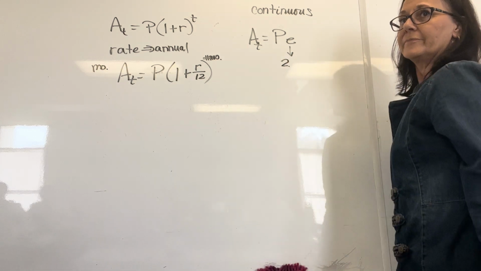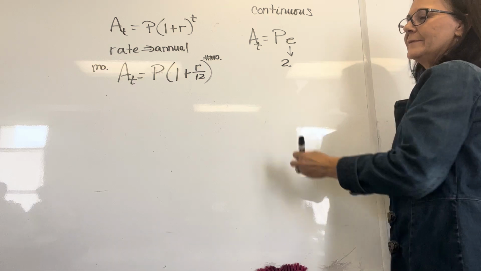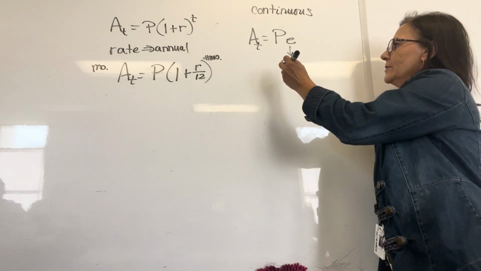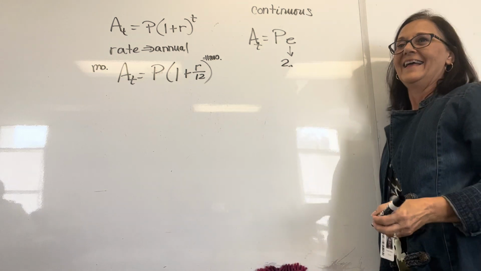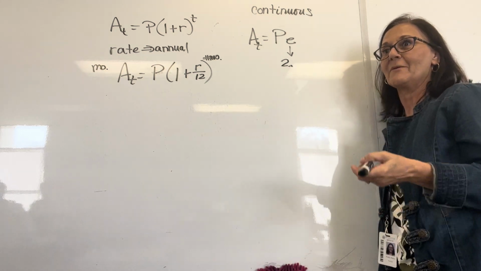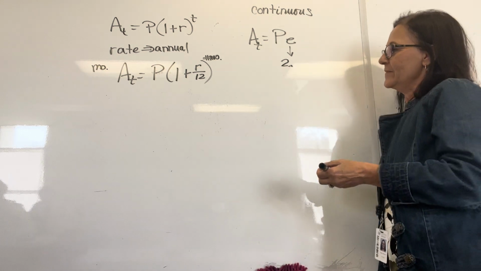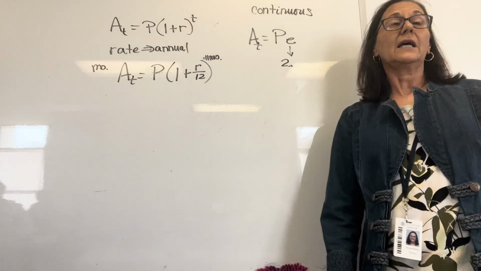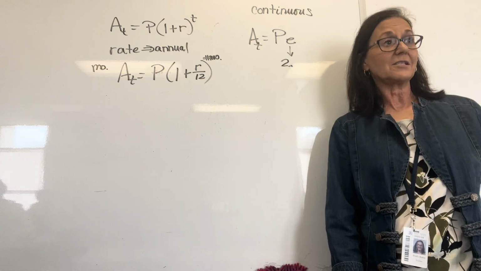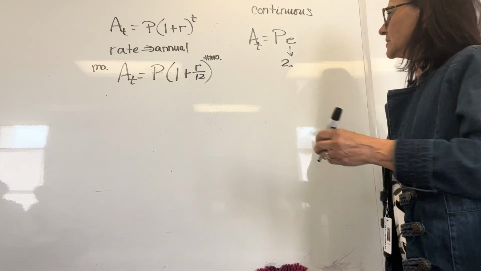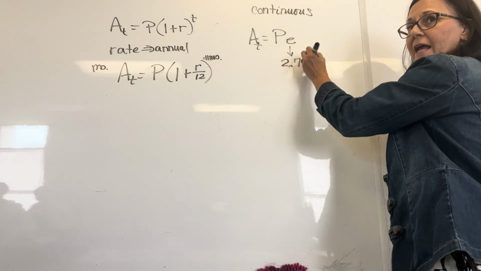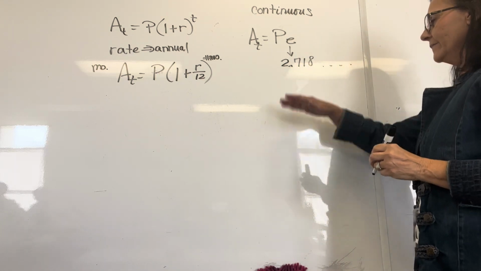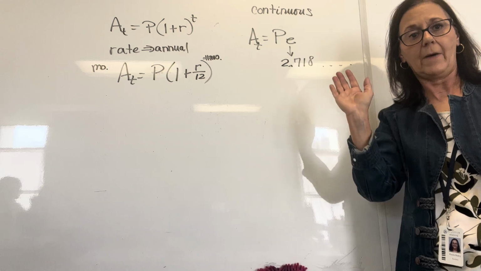It's like pi, not like pi, because pi is 3.14. I even said it wrong, and I'm the math teacher. So pi is a different number, but it's like pi in that it's an unending decimal, right? E is 2.718, and it goes on and on like the value of pi.